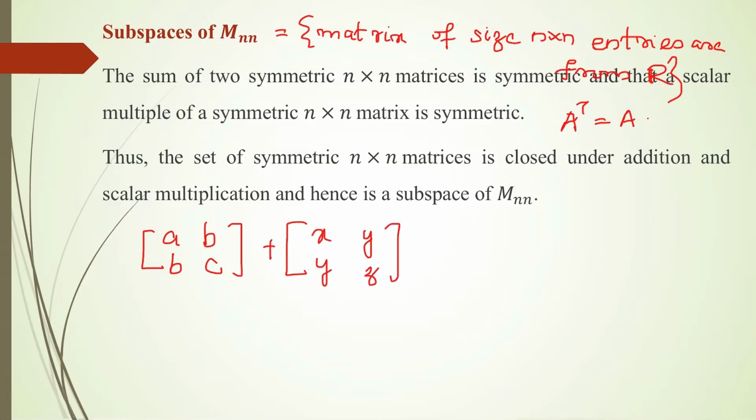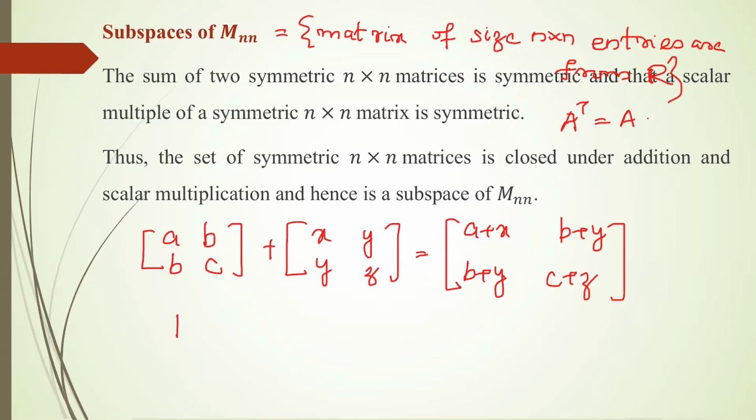If we add them together, we will get [a+x, b+y; b+y, c+z]. It's easy to see that this is also a symmetric matrix. So the sum of two symmetric matrices is again a symmetric matrix.